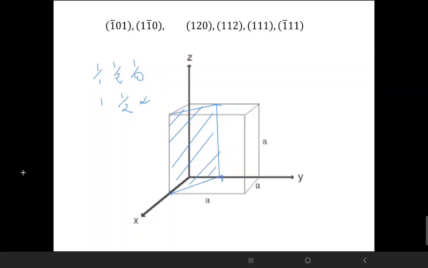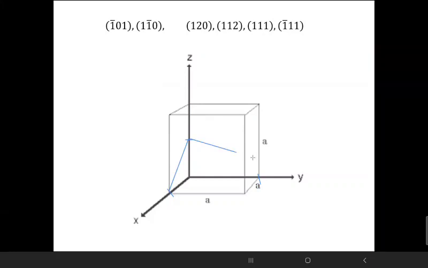No more questions, so I'll move to the next one, 112. So 112 means reciprocal 1, 1, and half. There is no change of origin.